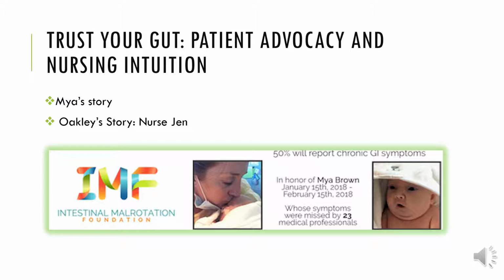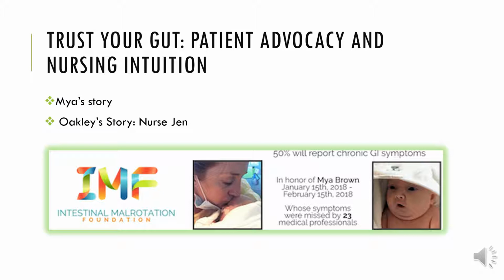In regards to Oakley's story, Oakley was a baby boy born in a hospital. He was healthy and happy, and right before patient discharge, he had a green bilious emesis. Nurse Jen brought the bilious emesis to the pediatrician at the hospital, who informed Nurse Jen that the bilious emesis should not be an issue.